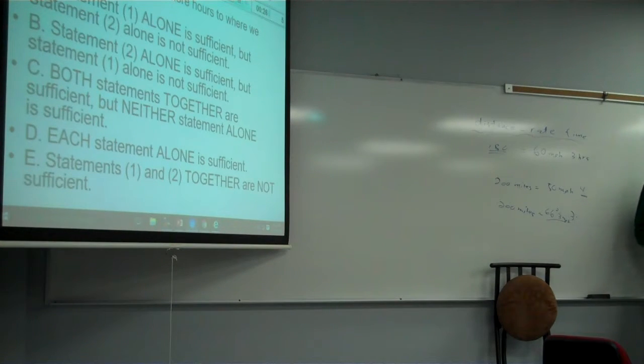Do we need both of them? Is either one of them alone enough, or are both of them together not enough to solve the problem? Give you 20 more seconds here.